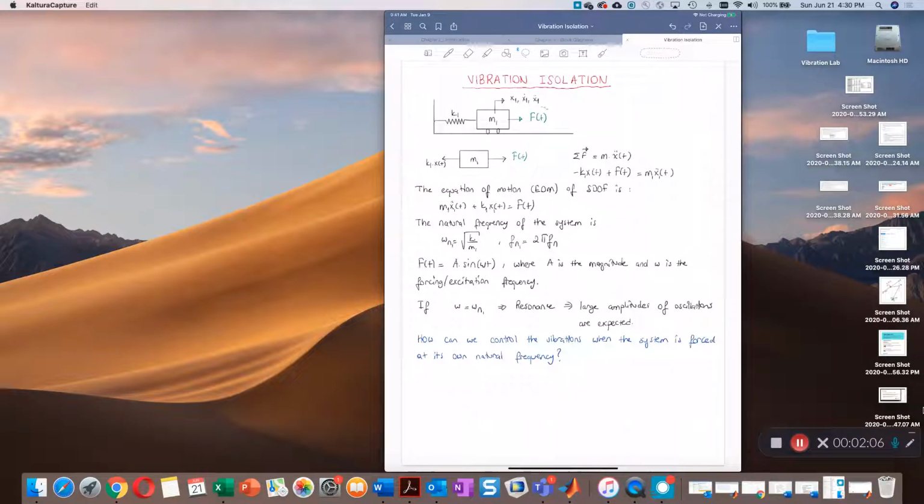However, I have a force, which means the system is no longer oscillating at its own frequency. It will be oscillating at the force frequency. The natural frequency of the system is the square root of k1 over m1 in radians per second, and in hertz it should be omega n1 divided by 2 pi, fn1.